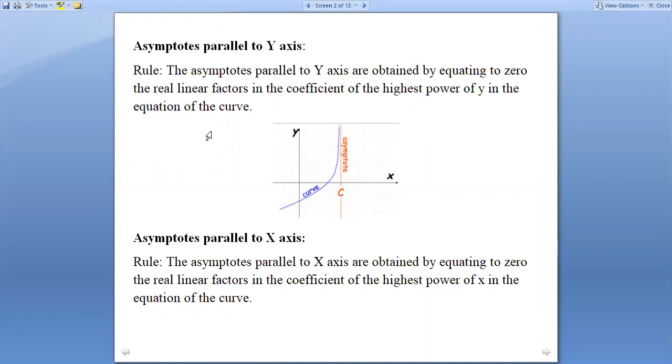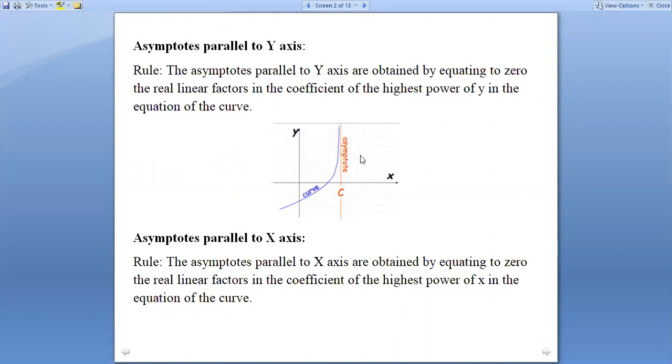So that means you have an algebraic equation of the curve, you take the coefficient of the highest power of y, and equate it to 0. Then you will get the equation, and that equation will be the equation of an asymptote.